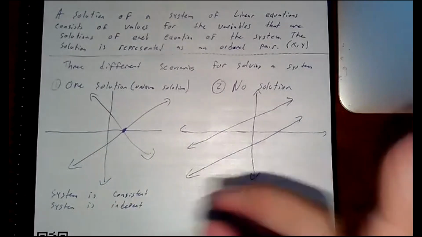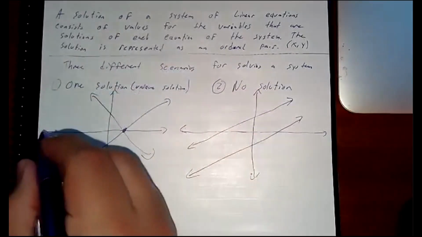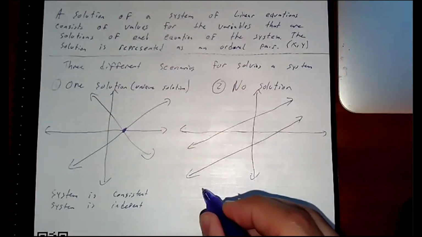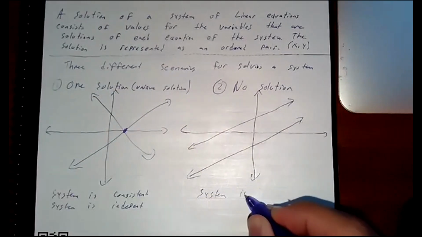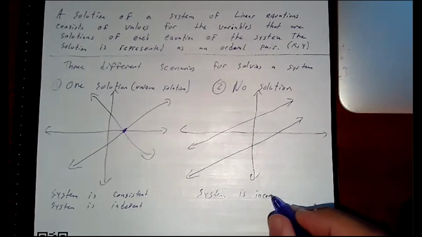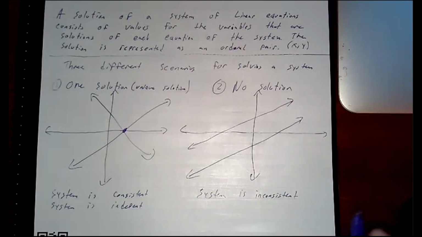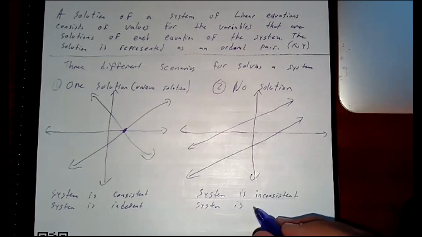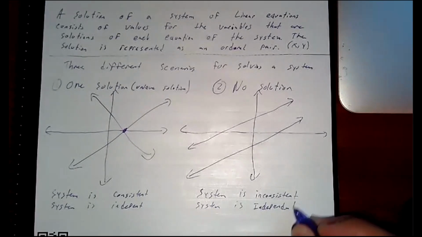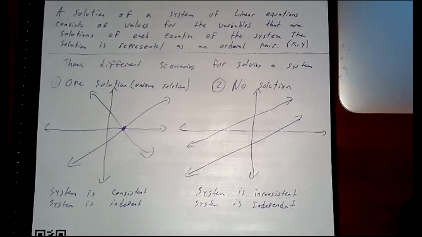The system is inconsistent. If you were to try to solve this system, you would get a false statement, or if you graph it, you'll see that the lines never touch.